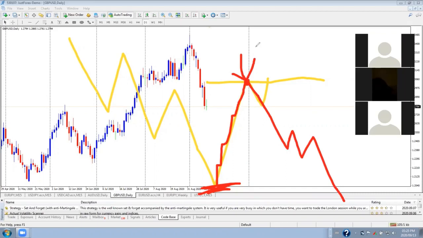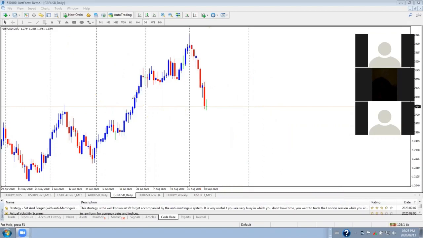As we all know, we can use supply and support and resistance and supply and demand interchangeably. I know it's not the same thing, but if we talk about a demand, a demand is also another name that can be used as a support.